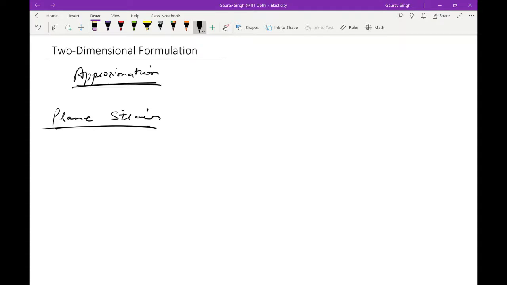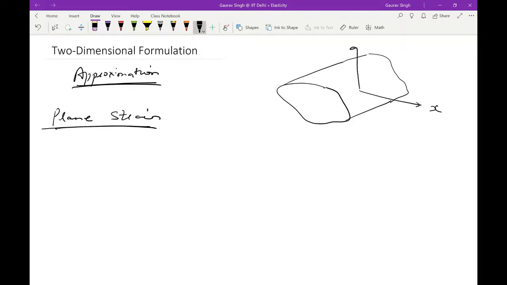Suppose you have a solid like this. Okay, and then you have a system X, Y, Z. So one of the things about this solid is that it's an infinitely long cylinder.